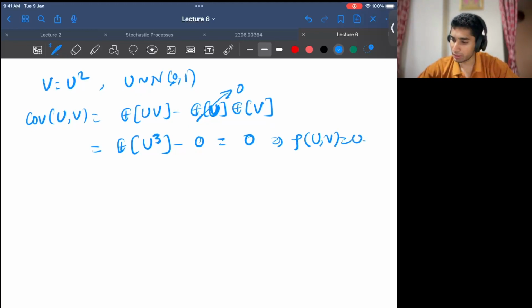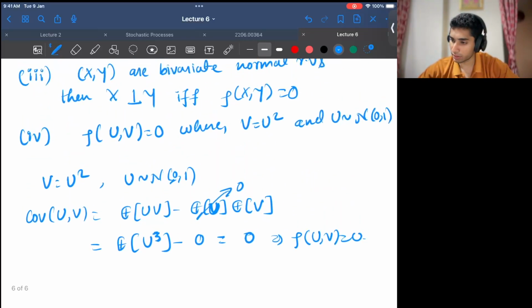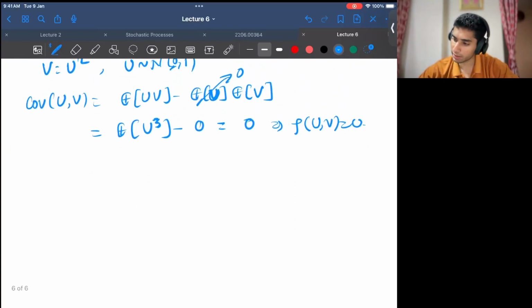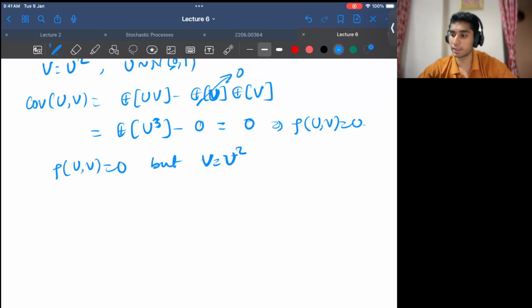But now here you can see, this statement is correct. However, one thing to notice here is that rho of u comma v, the correlation, is equal to 0, but v is equal to u square. I mean, u and v are not independent here.